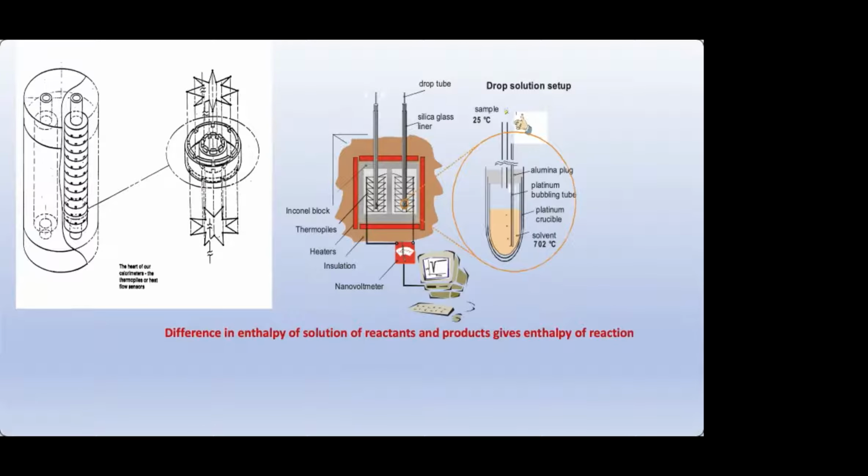The calorimeter itself is a heat flow calorimeter in which a sample chamber is surrounded by a thermopile. The small temperature difference drives heat flow, and we get a calorimetric peak which is proportional to the heat effect. The experiment itself consists of dissolving the sample by dropping a small pellet into a melt.